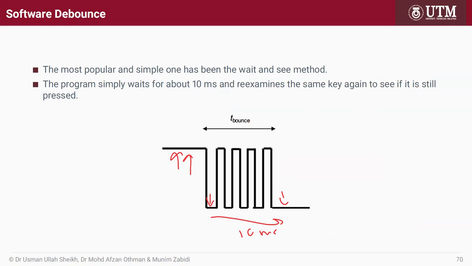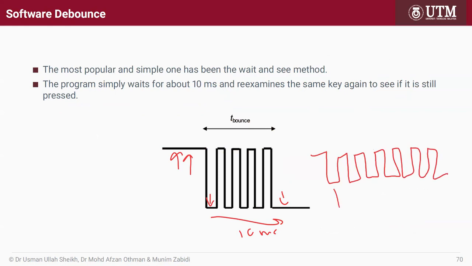Because if the bounce is bad, for example, more than 10 milliseconds, you sample the first time and it is 0, you wait for 10 milliseconds, it's 1. Okay, you cancel. Then sample again, starting from here. So now this becomes the first sample of the second try, and then from there you check again after 10 milliseconds, this time you get 0. So you will get your correct result here.